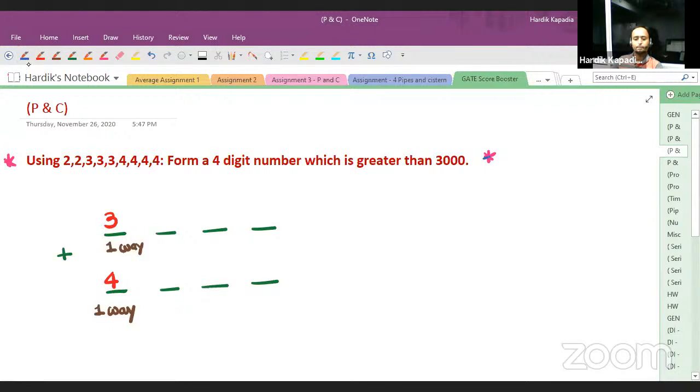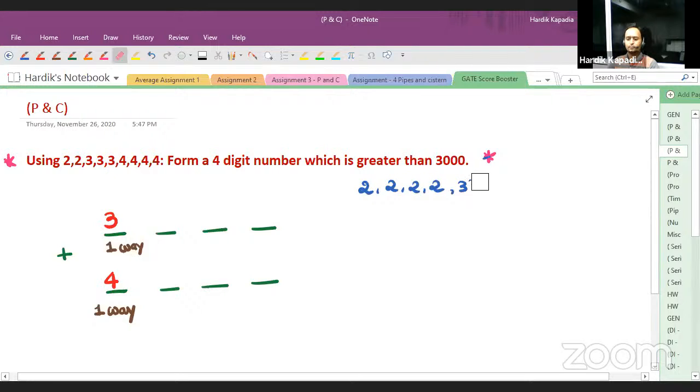So now we assume that we are having plenty of 2s. We are just assuming it. We have plenty of 3s and 4s.